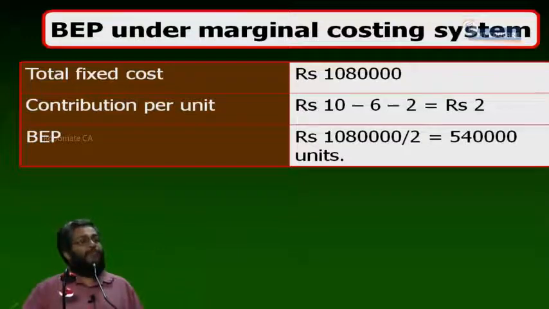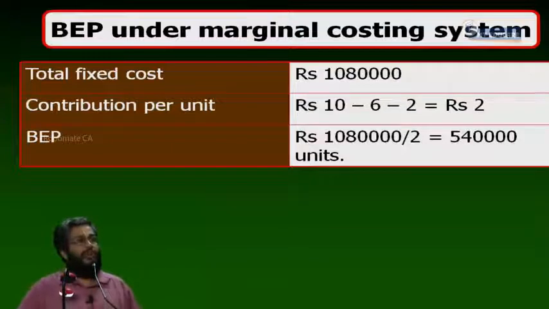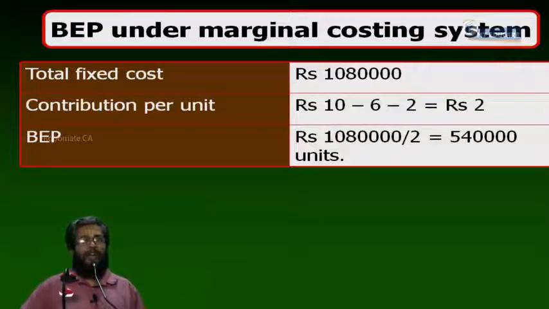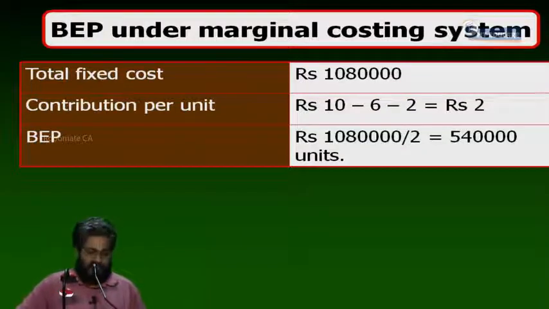To conclude, absorption profit is always 14,000 rupees higher than marginal profit because of, tell me why? Because of fixed cost inside net stock.